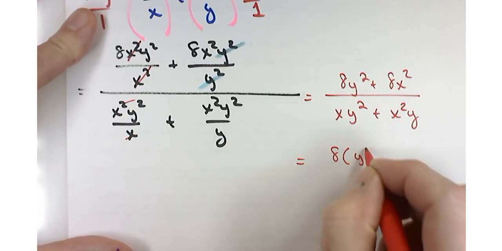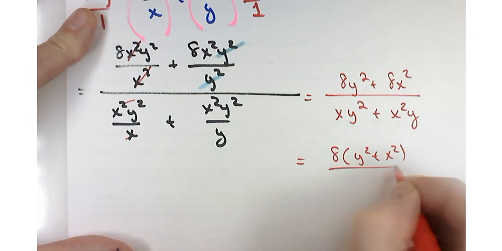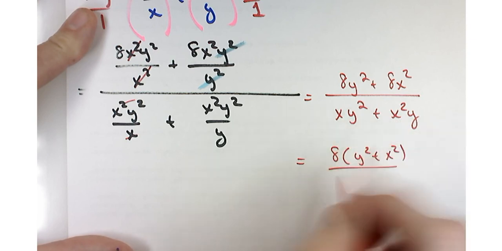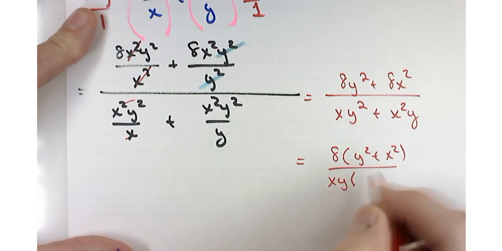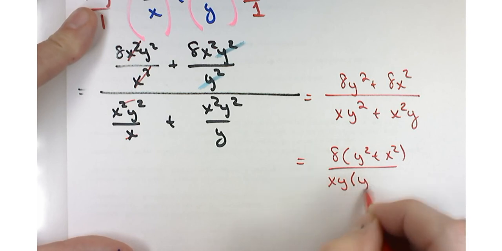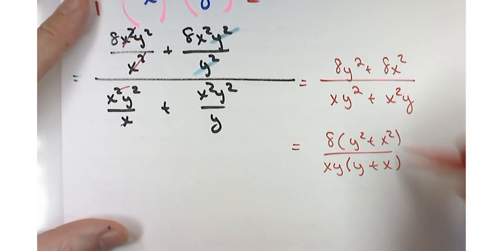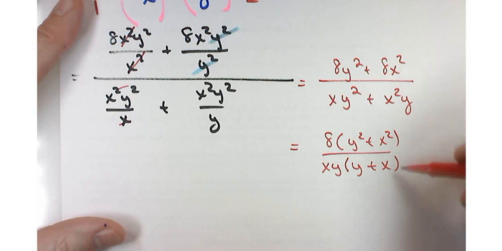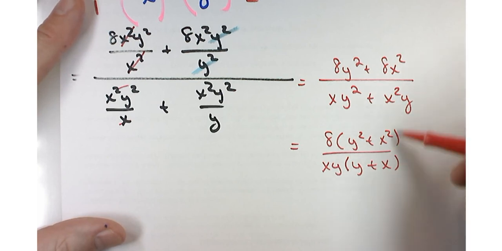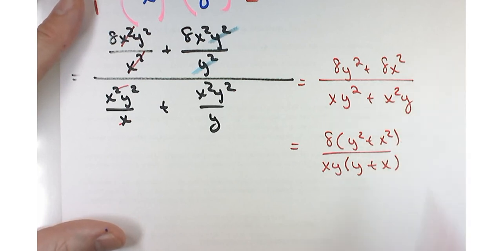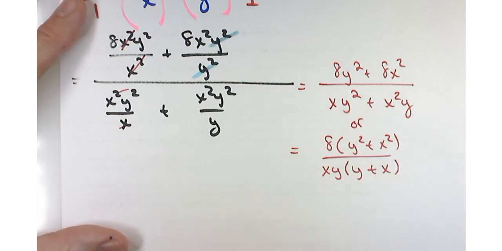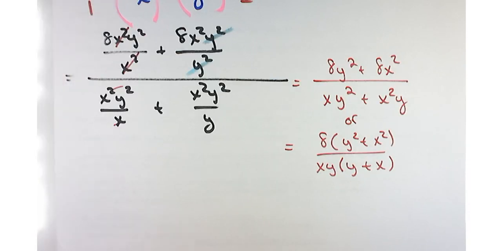It leaves behind y squared plus x squared. And in the denominator, you can factor out an x and a y. That would leave behind y plus x. But there's no simplification here. These two things are different. This doesn't factor. There's no cancellation. So as far as I'm concerned on a test, or as far as WebAssign would be concerned, either of these is a correct answer.